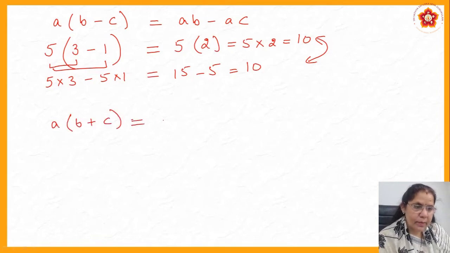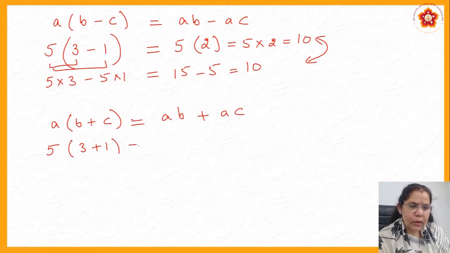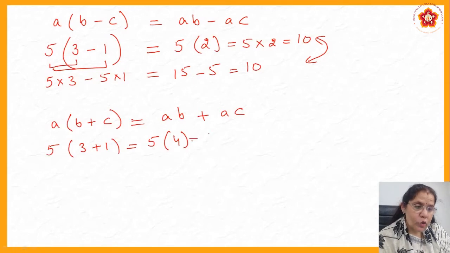Now let us look at the addition. This was the property. A into B plus C is equal to AB plus AC. Let's take the same example. 5 into 3 plus 1. So first we have to solve the bracket. Bracket 3 plus 1 will be 4. So what is 5 multiplied by 4? 5 multiplied by 4 is 20.